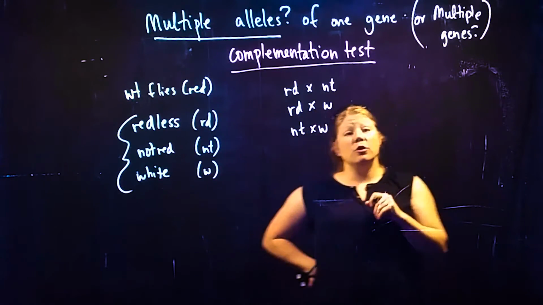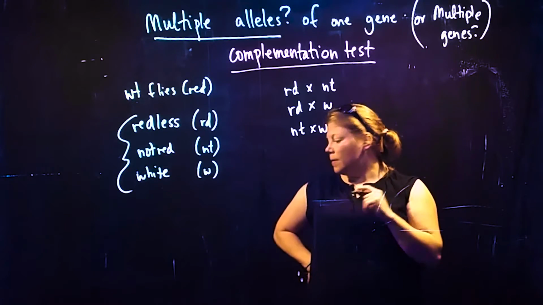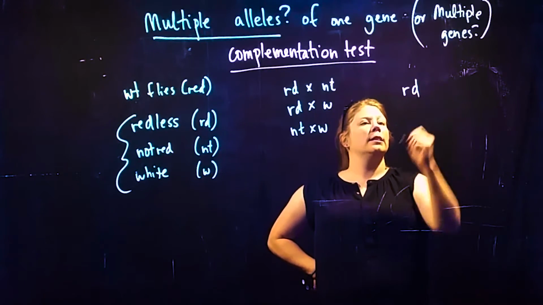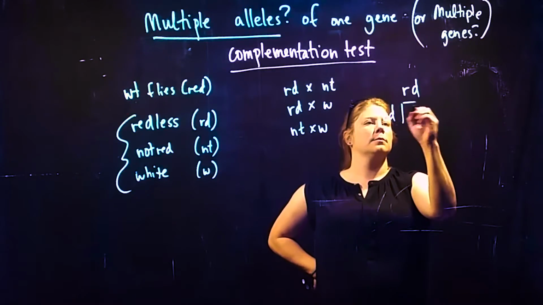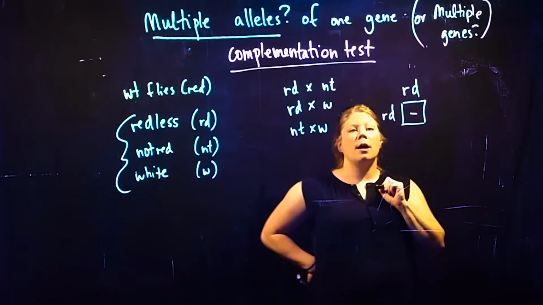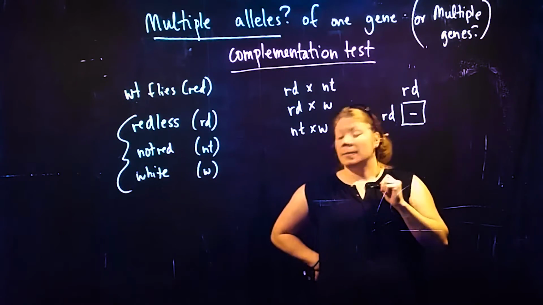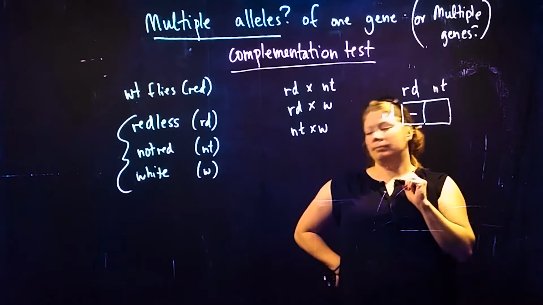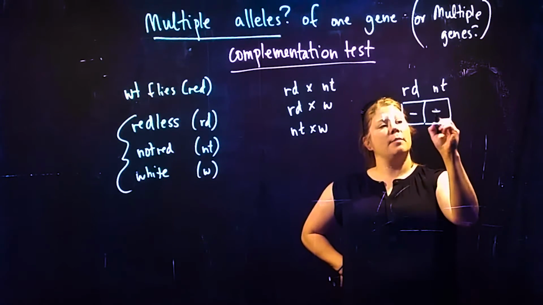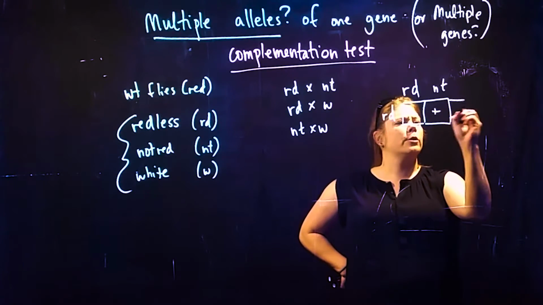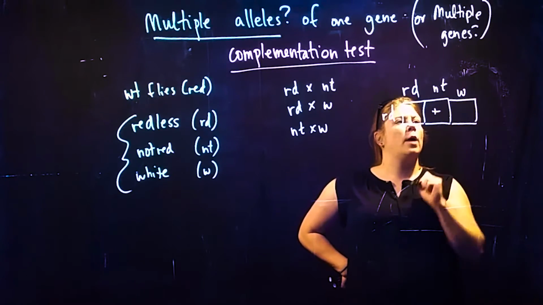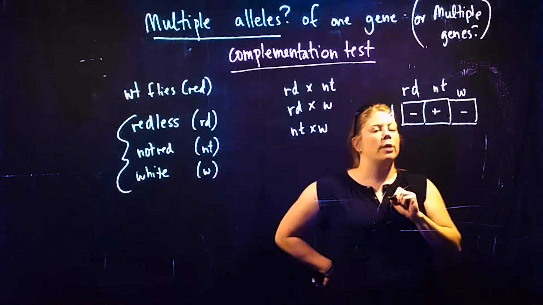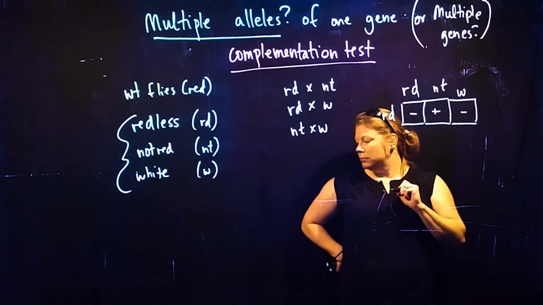And actually, I can give you the data already over here. When we cross redless times redless, we have no complementation. When we cross redless times not red, we do have complementation. And when we cross redless times white, we don't have complementation.